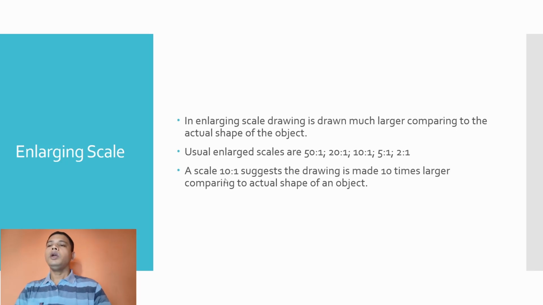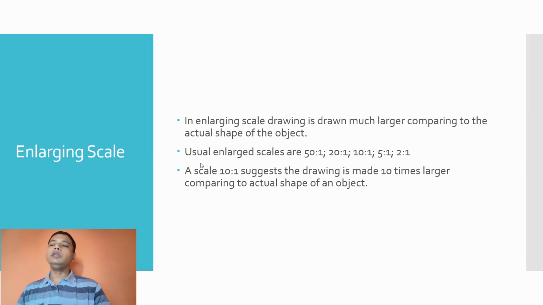A scale of 10:1 suggests the drawing is made 10 times larger compared to the actual shape of an object. Let's take an example: you are drawing the parts of a wristwatch. In the case of a wristwatch, the parts are too tiny to put in a drawing sheet. Even an A4 sheet is going to be much bigger compared to the size of the parts of a wristwatch.